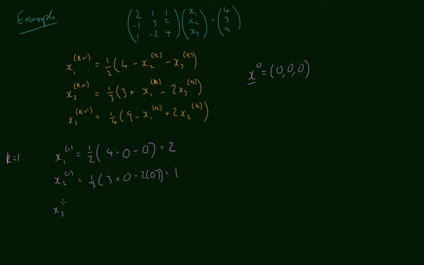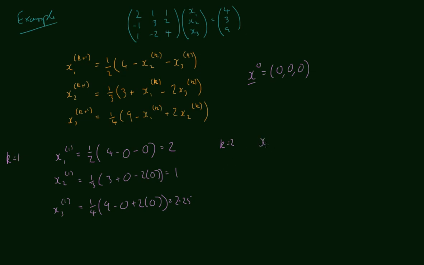And for x3, our first estimate is 1/4 of 9 minus 0 plus 2 times 0, which is 9 over 4, which is 2.25. So that's our first iteration, an estimate of the solution. It's not going to be particularly good because we've only done one iteration, so we keep iterating.